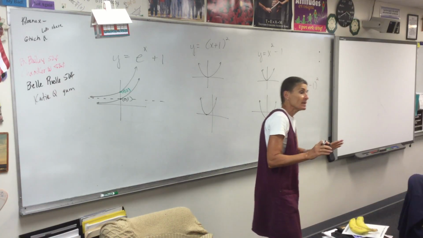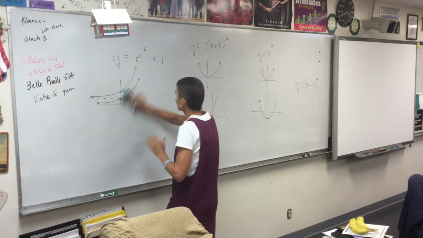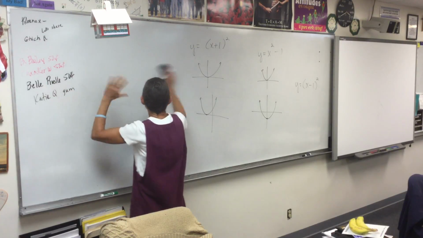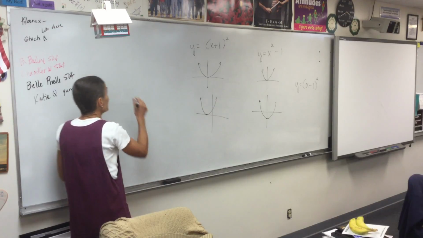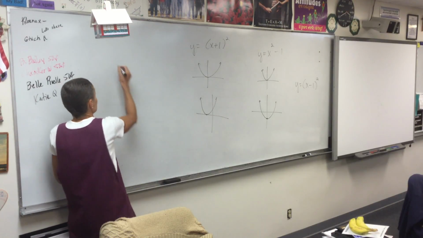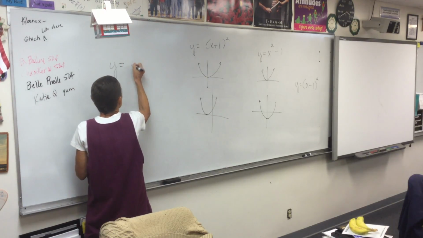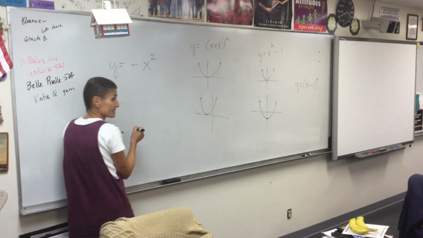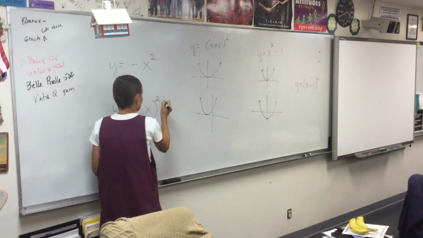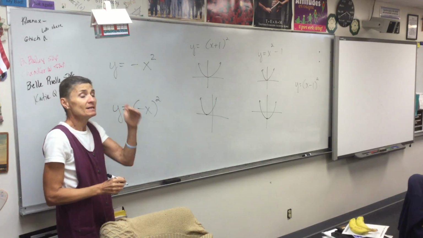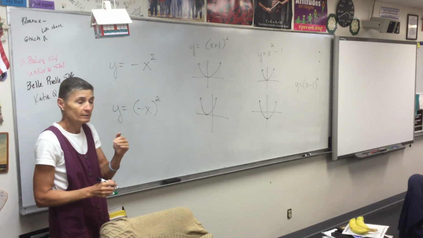If you want to turn things upside down or flip them around, you have to put a negative into the problem. So, there are two ways to put a negative in. You can put a negative in like this, and you can put a negative in like this. It's the same distinction as before.